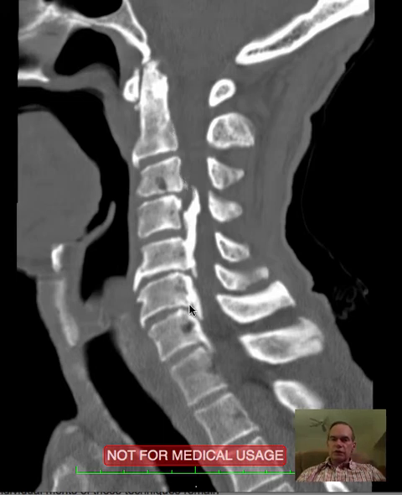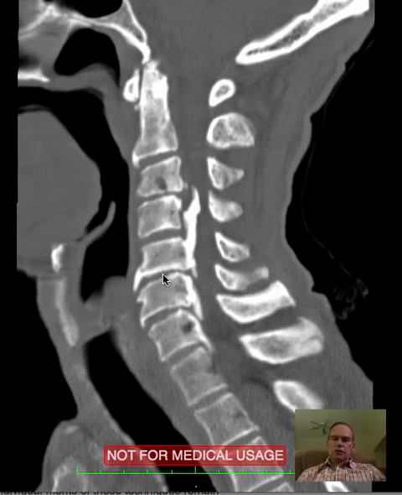Typically the cervical spine is the most commonly affected level, and here you see it in the cervical spine, usually most prominent at about the C3 through C5 levels, which is the case here.